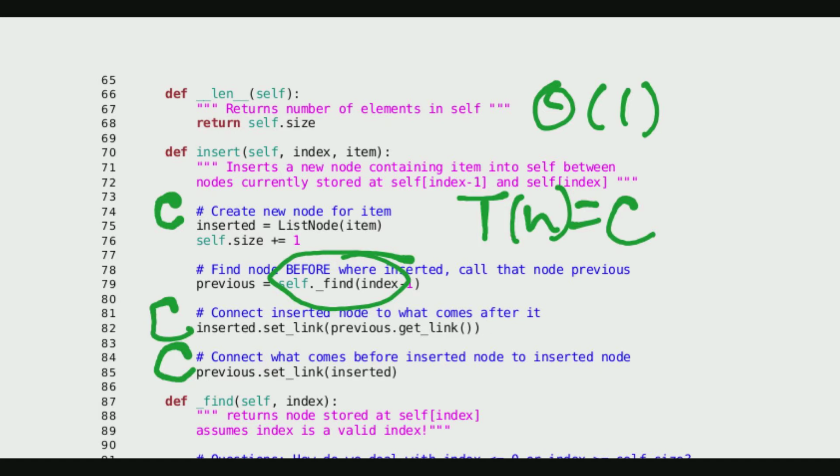So overall, the insert method is some constant that I don't care about, plus the time for the underscore find method.